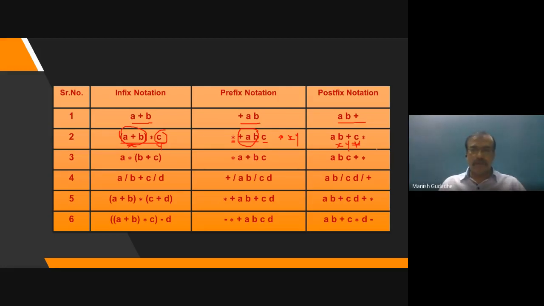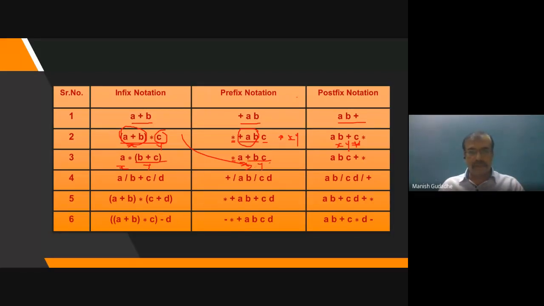So in postfix notation we are mentioning the operators at the end, whereas in prefix notation we are mentioning the operators in the beginning. Here in this case also, this is your x operand, this is your y operand. So into will come first, this will come second, the x operand and this is the y operand.